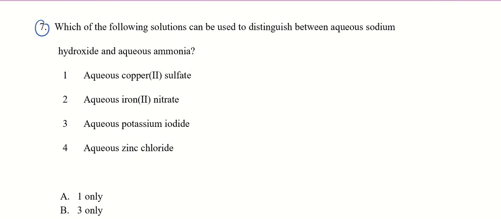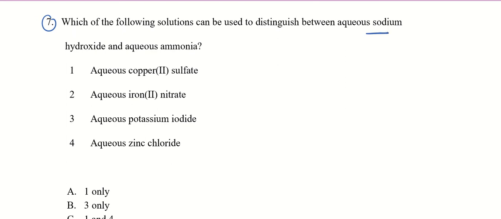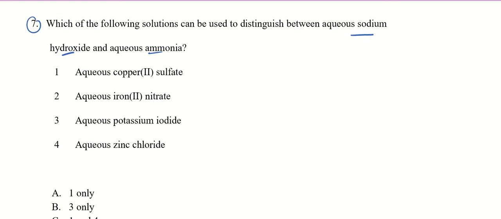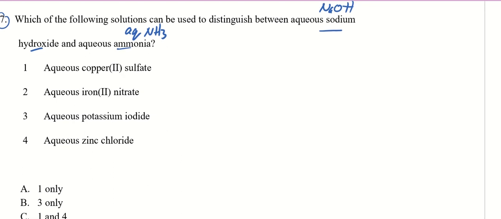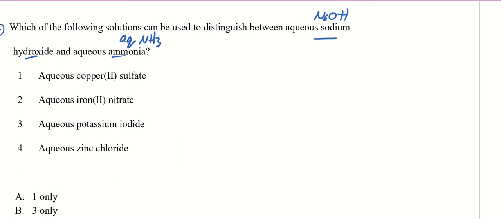Which of the following solutions can be used to distinguish between aqueous sodium hydroxide and aqueous ammonia? So we are looking for something to be able to distinguish between sodium hydroxide and aqueous ammonia. So we've got 4 different substances here that we can possibly choose.